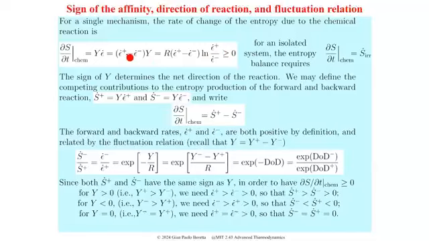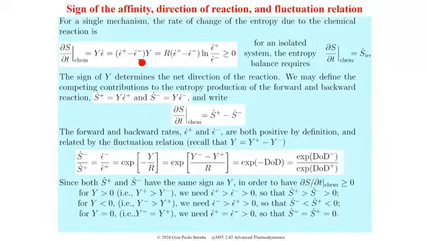We can also look at this expression here and notice that the contribution to the entropy production for the isolated system has a term with a plus sign and a term with a minus sign.